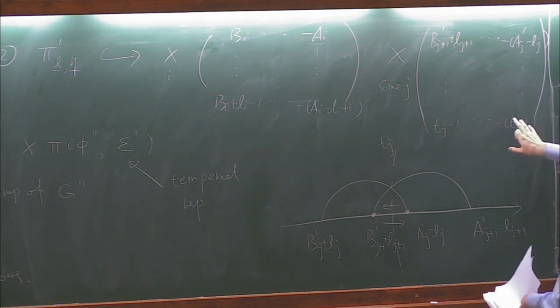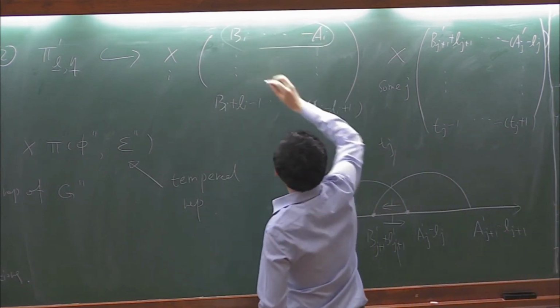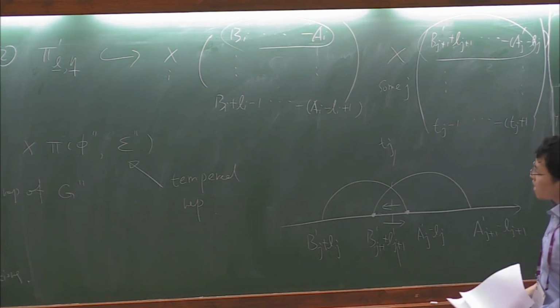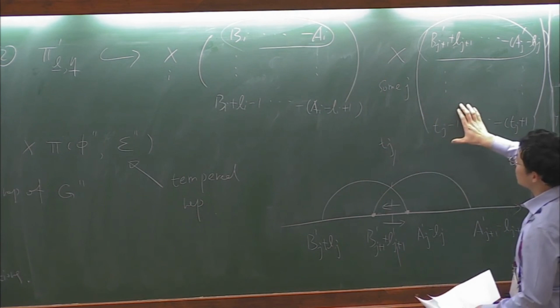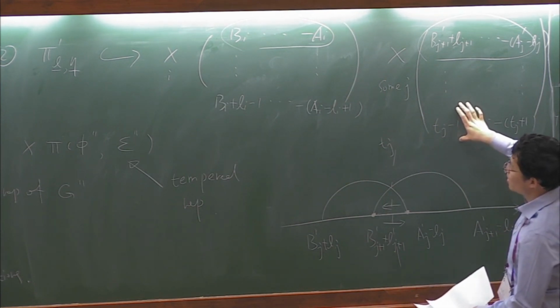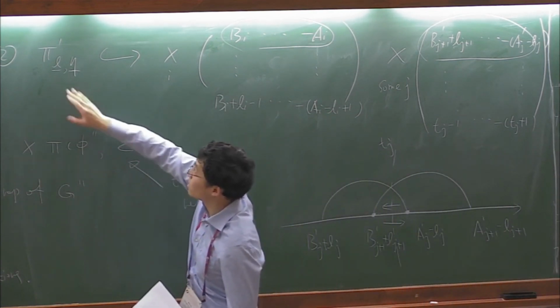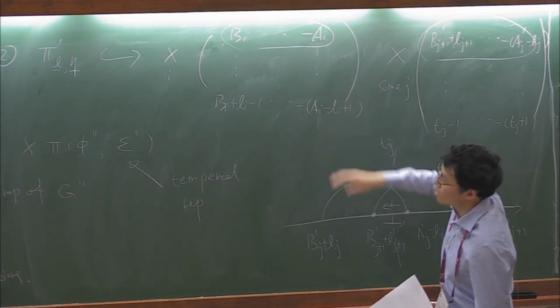Just like Moeglin's theorem, you break up all these rows, and they give you the Steinberg representations. And in fact, what you can show is that this induced representation is just a submodule of the standard module. Okay, so from that you can also see that this representation is the unique irreducible subrepresentation of this induced representation.